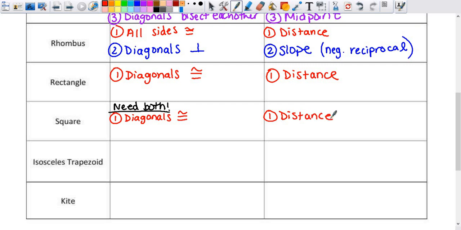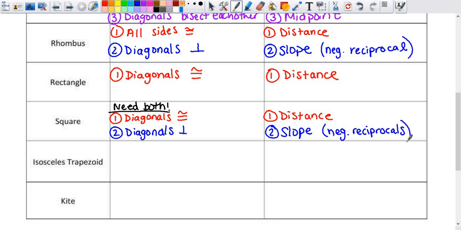And because this property comes from a rectangle, we also need one from a rhombus. And I'm going to use the easiest one from there, which is diagonals perpendicular, which we're going to use slope for. Specifically, we want negative reciprocals again, since we're looking at perpendiculars, okay? So you need both of those if you want to prove something is a square.